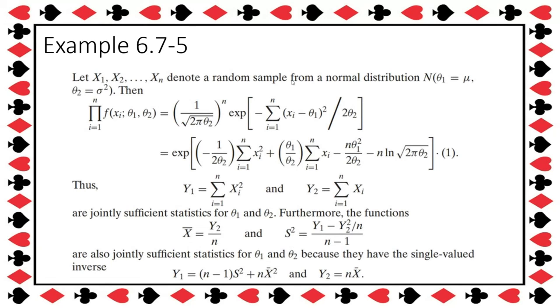We try to connect them. These are the first moment and the second moment. The first moment divided by n is x bar, and the second moment and first moment combined give the S squared.